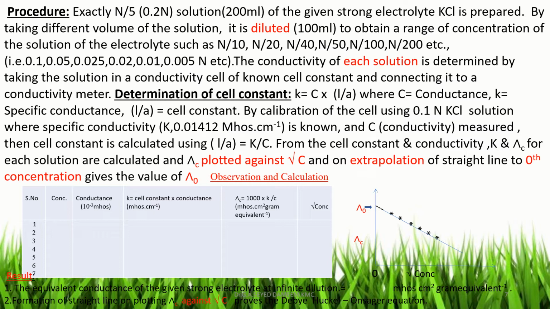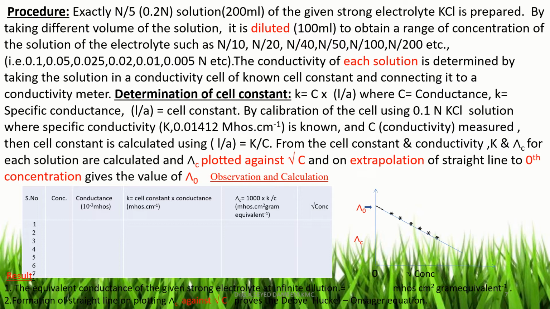From this solution, a number of diluted solutions are prepared with concentrations N by 10, N by 20, N by 40, N by 50, N by 100, and N by 200, that is 0.1 normality, 0.05, 0.025, 0.02, 0.01, and 0.005 normal solutions. Now we have totally 7 solutions: 6 diluted solutions and 1 bulk solution, that is the 0.2 normality solution.